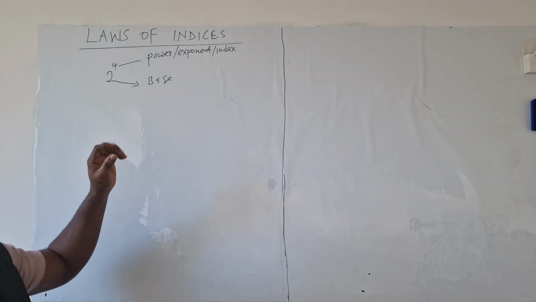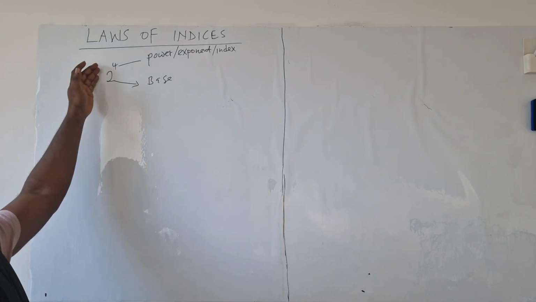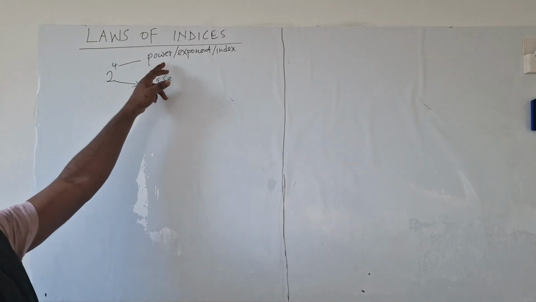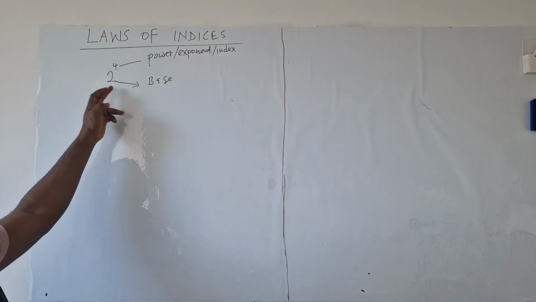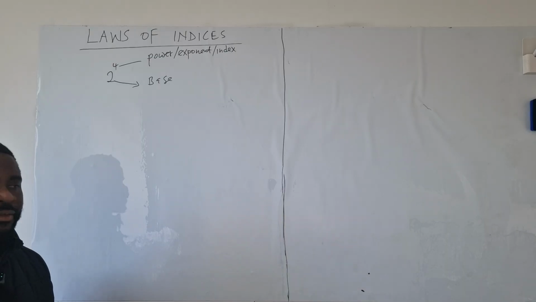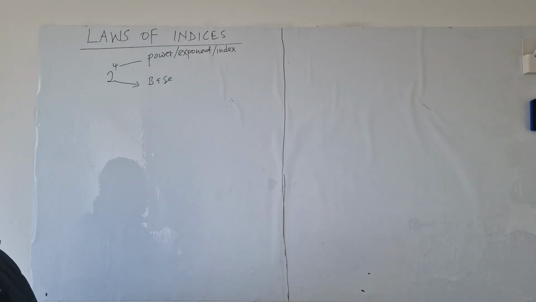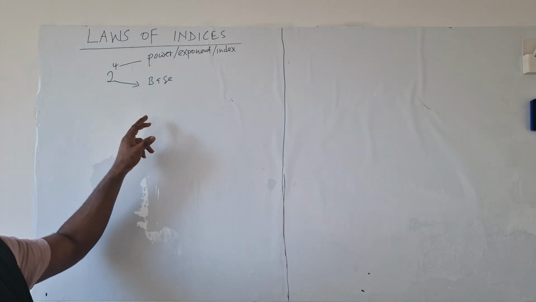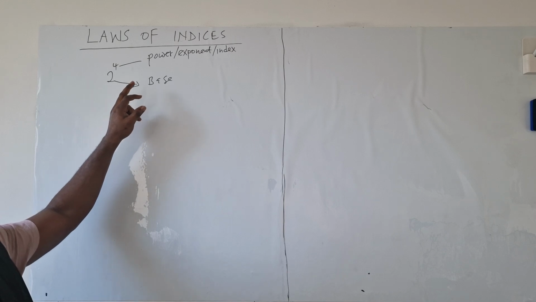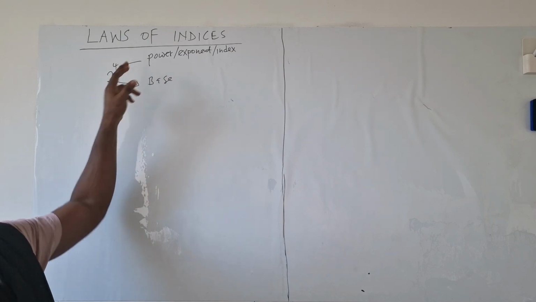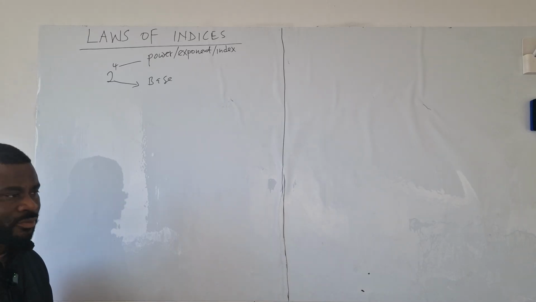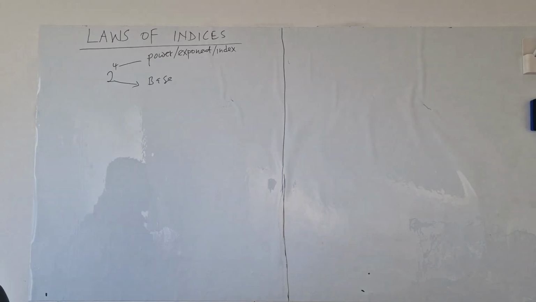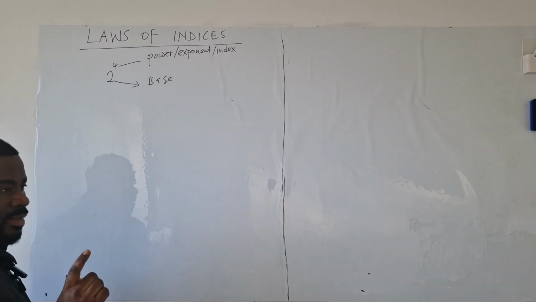So whenever a number is written in this form, the top one can be called index, exponent or power, and the down one is termed as base. Good. Now, because of the laws that you are going to consider, we need to have these terms in mind because they will come across as we move along the laws of indices.